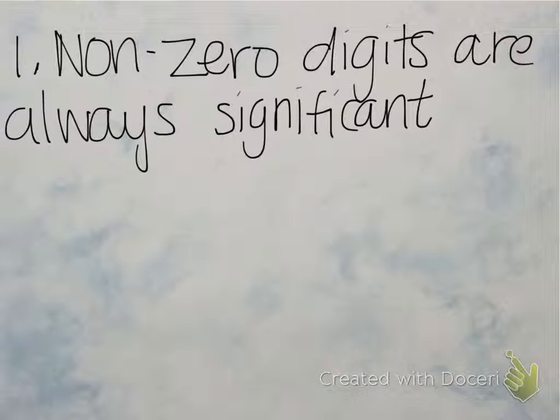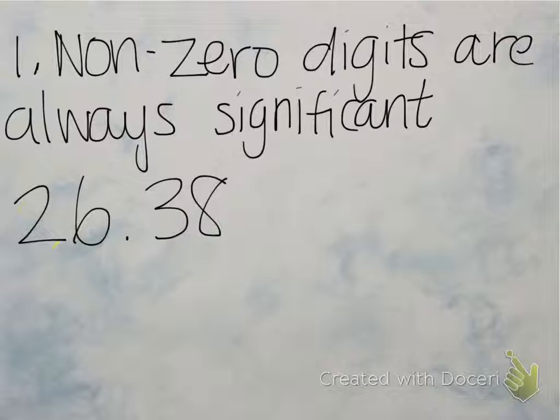So the first rule is any non-zero digit is always significant. Hopefully this rule seems pretty obvious to you. If you measure something and whatever you're using to measure it, like a ruler or a thermometer, gives you a number, that number is significant. So let's say we had 26.38.